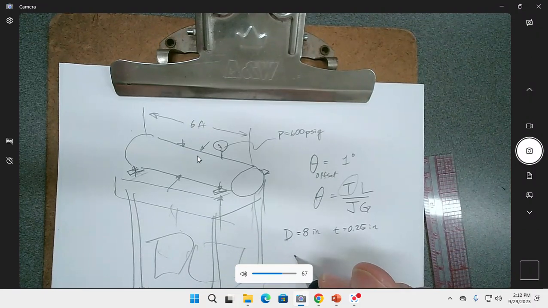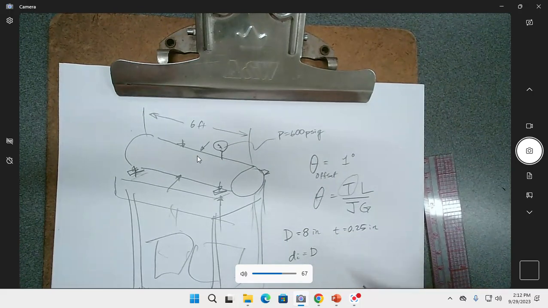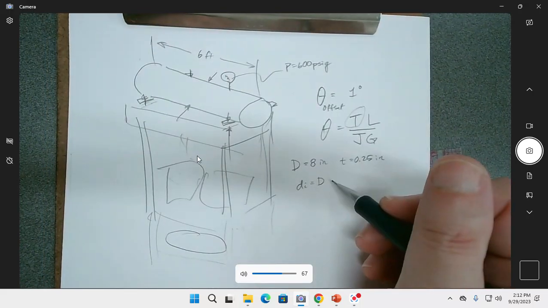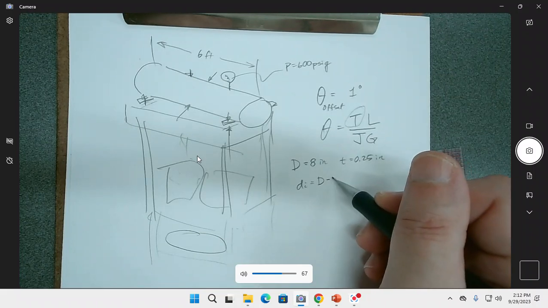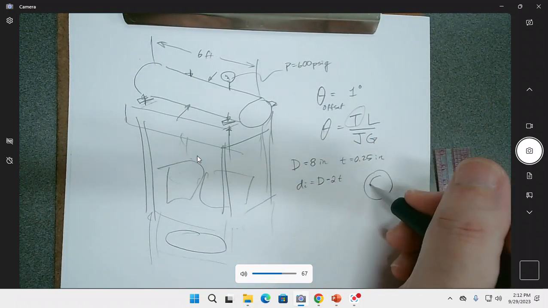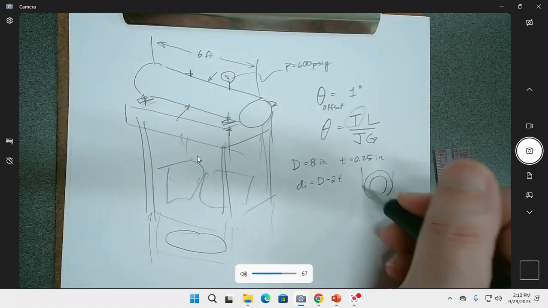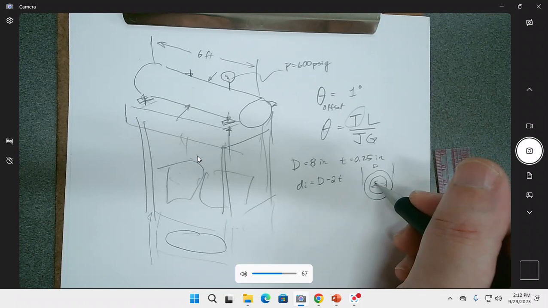So the next thing we would do probably is figure out what the inside diameter is going to be. So we need to subtract out. It's always easy to think that you're going to go minus t, but it's 2t. You almost want to picture it yourself: here's the outside diameter, and here's the inside diameter, di.